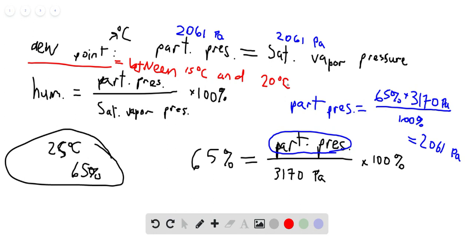And that would already be quite a challenging problem, I find. However, in the solution, the answer we're given is 18 degrees Celsius.